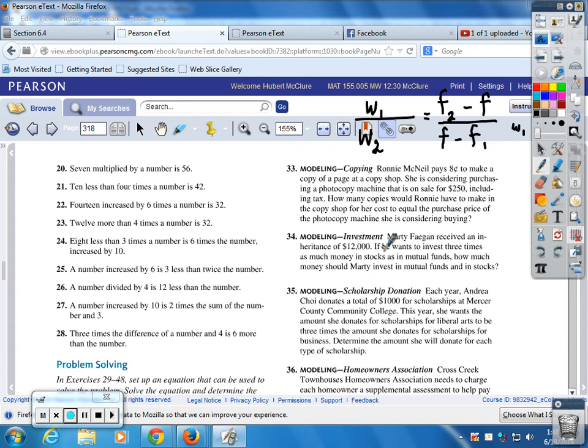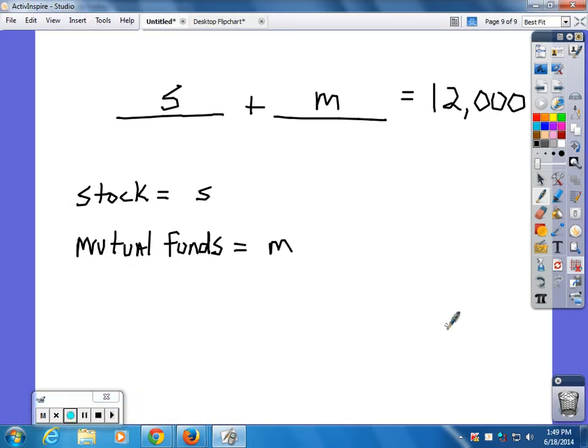It says, if he wants to invest 3 times as much money in stocks as in mutual funds. So he wants the stocks to be 3 times the mutual funds, right? So we can go back to our handy-dandy problem, and we want the stocks to be equal to 3 times the what?